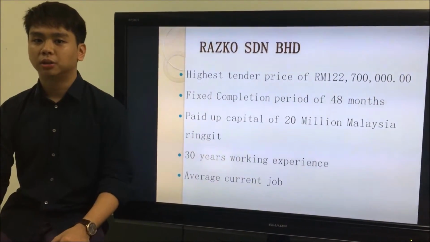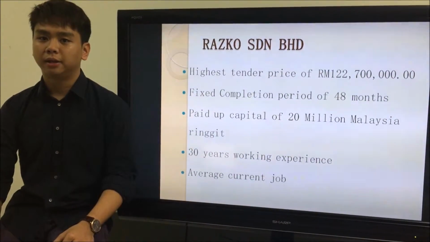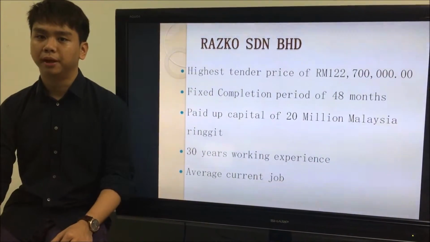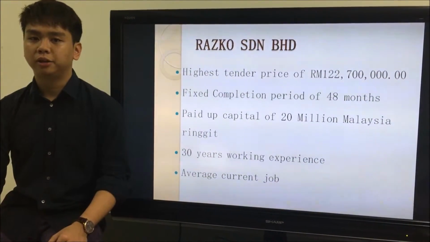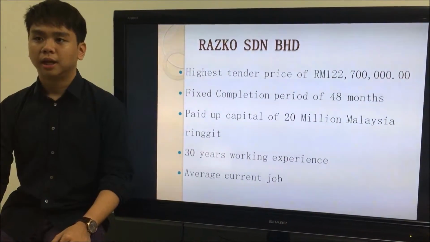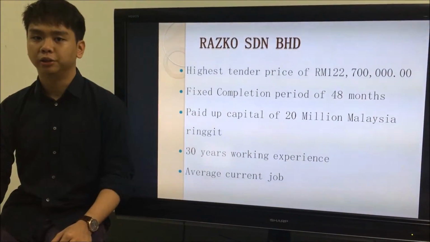And with 30 years of working experience, it can be assumed that it has a lot of workmanship and is capable of completing the project. And the current job in hand is average, meaning that it won't sway too much away from the current job.